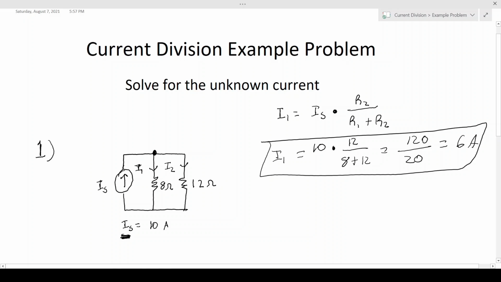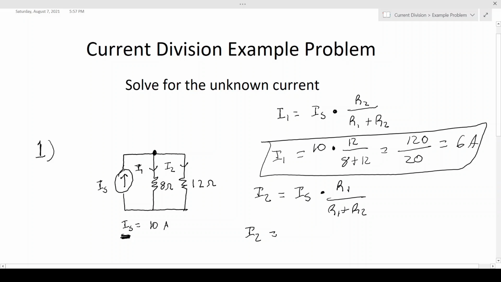So now we're going to do the same for I2. We're going to write down the equation. I2 is equal to IS multiplied by R1 divided by R1 plus R2. And then we're going to plug in the values for the different variables like resistance and IS.